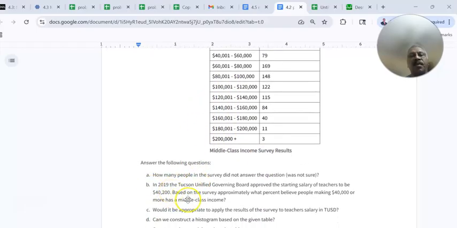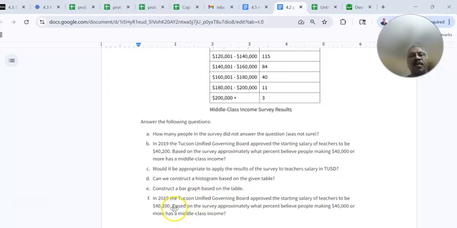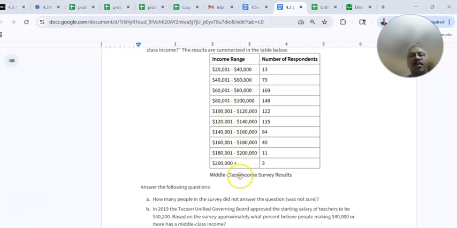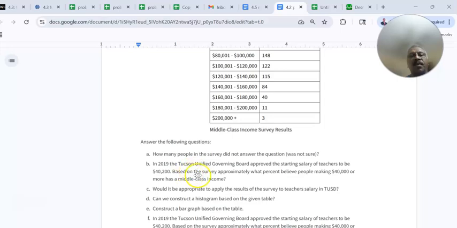But there's one question they ask about 2019. Here they're asking, the Tucson Unified School District has 40,000 as the base salary. Based on the survey that we see, approximately what percent believe people making 40,000 have middle income?